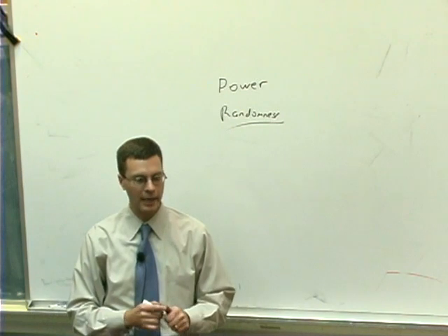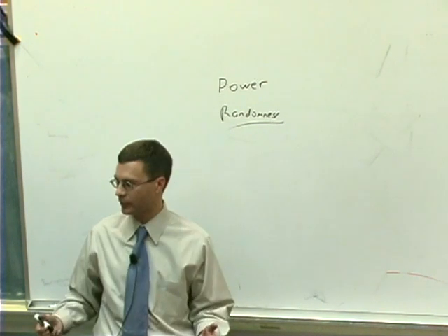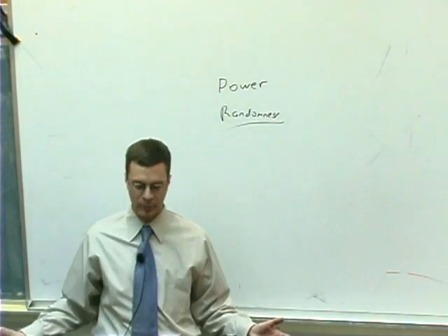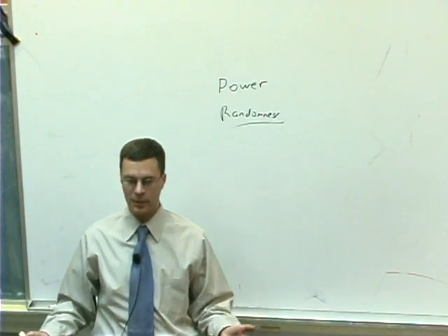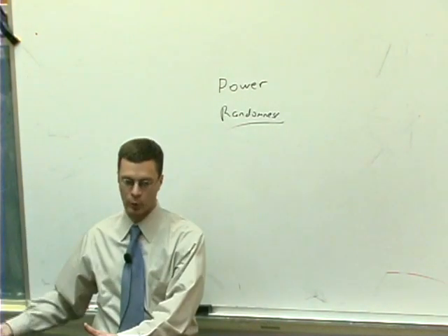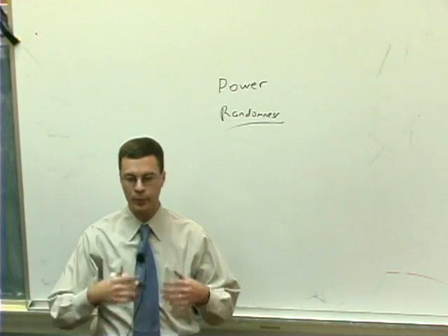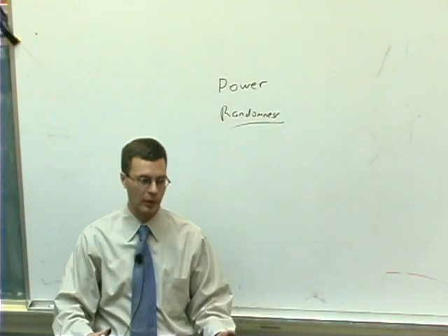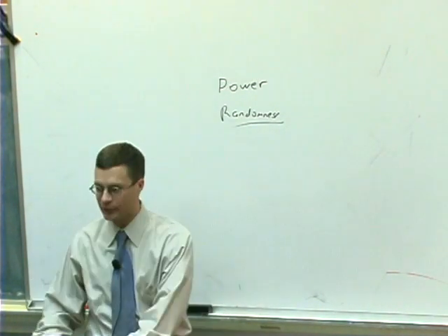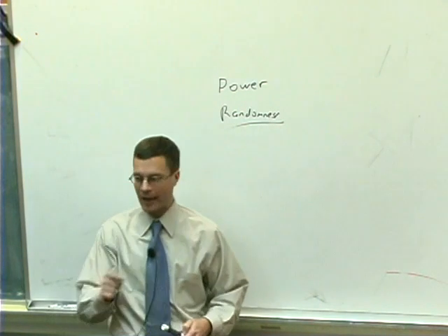In the original case, if you were interested in, for example, learning about memory, you'd have someone learn a list of words, and then you put them in the scanner, and for 30 seconds you'd show them words that they hadn't seen before, and for 30 seconds you'd show them words that they had seen before, and you'd ask them the question, have you seen this word before?